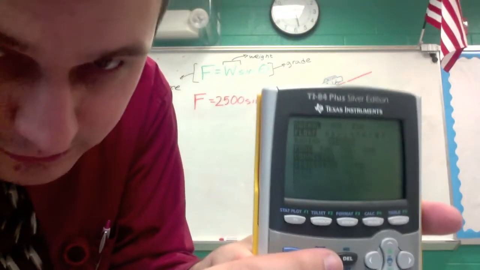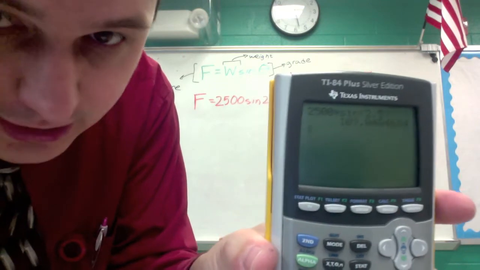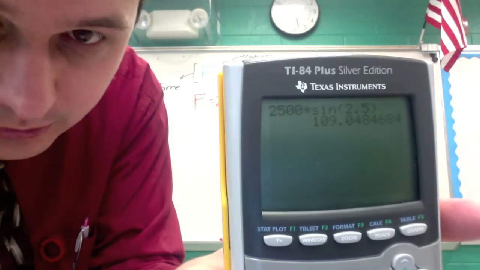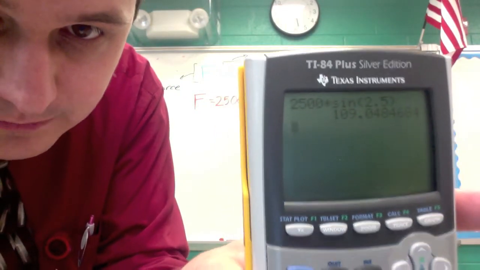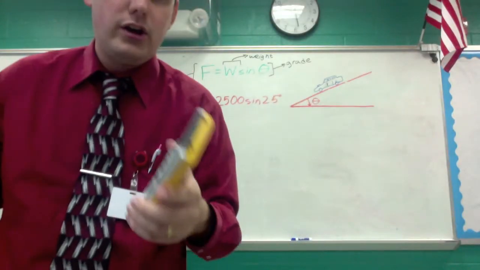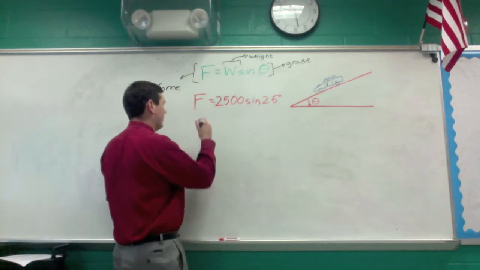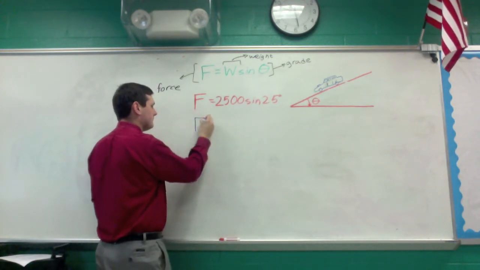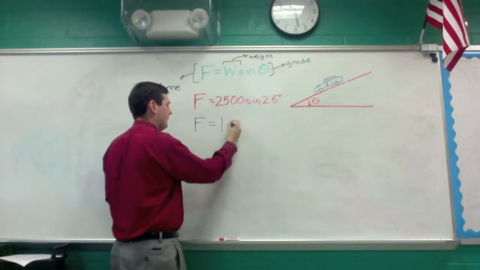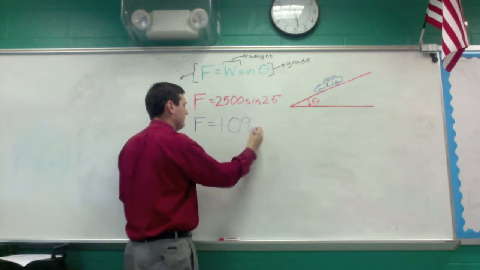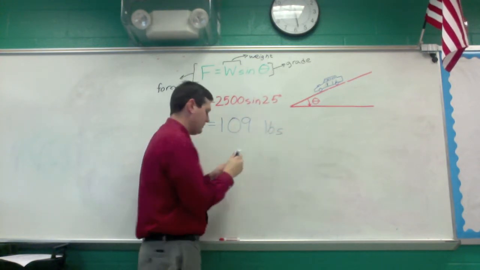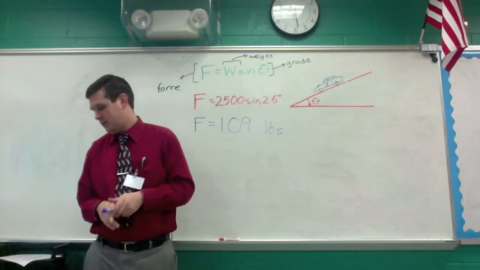Let's make sure I am in degree mode, so that's right. 109.048. So we'll round to the nearest pound, which is 109 pounds. So F equals 109 pounds, and I'm done with that problem.